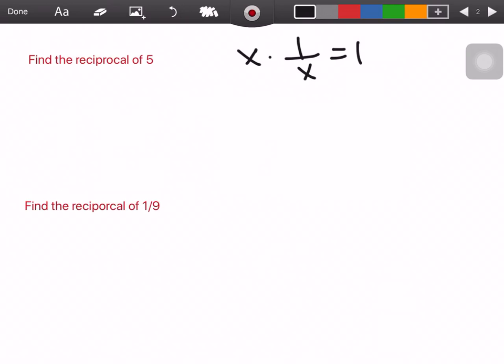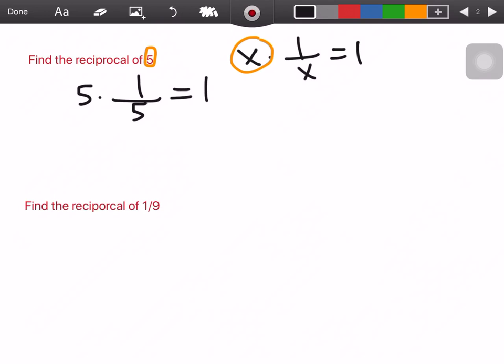So we substitute the 5 into the position of x. It's going to be 5 times 1 over 5. Wherever you see an x, we're replacing it with a 5, and this is supposedly equal to 1.